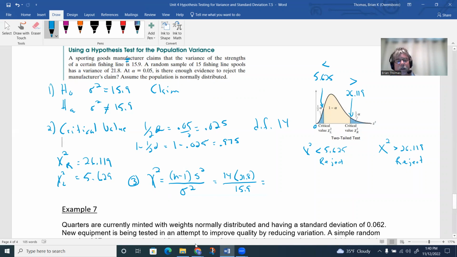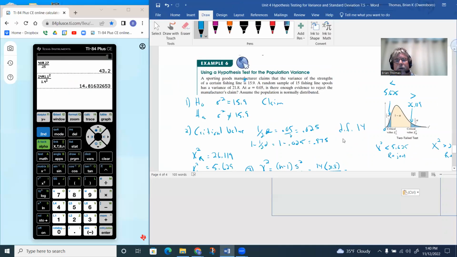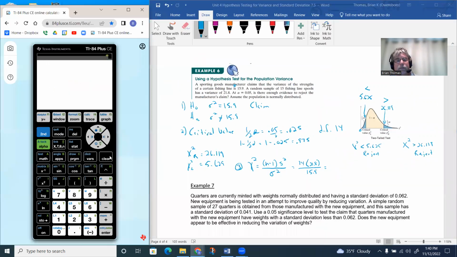So if I use my calculator, we put that in: 14 times 21.8, and on the bottom, we have 15.9.